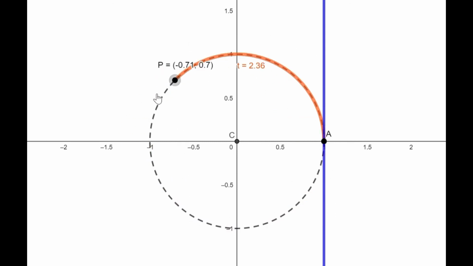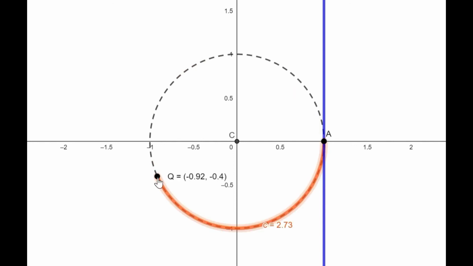The negative part of our real number line I'm going to coil around the circle in the clockwise direction. So in effect, we can wrap the entire real number line around the circle. That is the wrapping part of the wrapping function. We have a unit circle and we will wrap the real number line, coiling it around the circle.